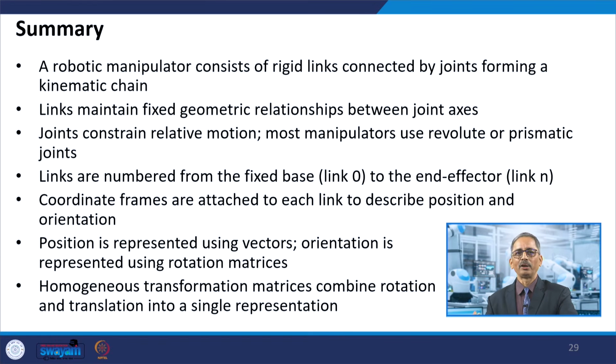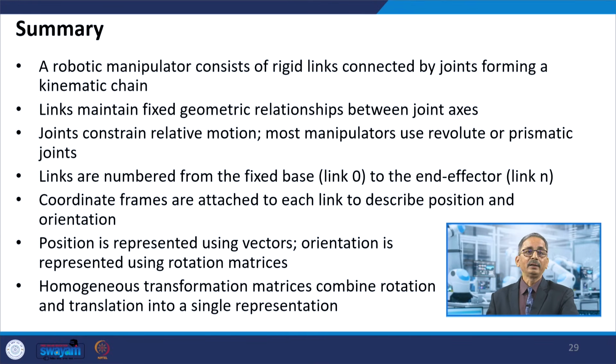Most manipulators use either revolute joints or prismatic joints, as we are going to see in our subsequent lectures. Now, these links are numbered from the fixed base, which we call link 0, which is usually at the base of the manipulator, to the end effector, which is say link n, which is at the end of the manipulator.